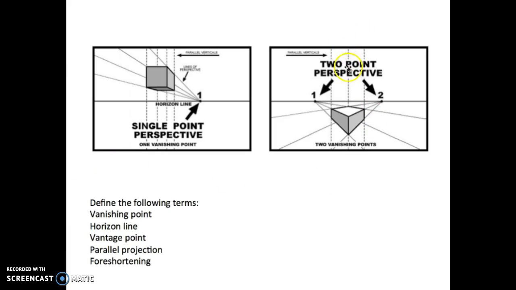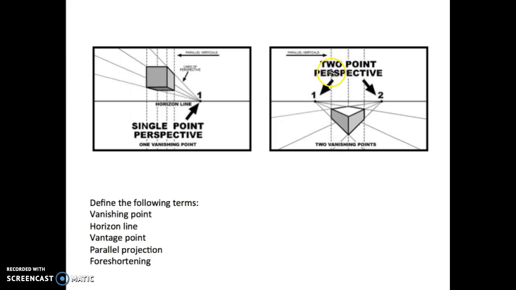So here we're looking at the common intersection of the lines of projection, and you'll notice that the two vanishing points are 90 degrees away from that common line of projection. So we get the idea that this would be 90 degrees here. So the lines vanish to two different points, basically.